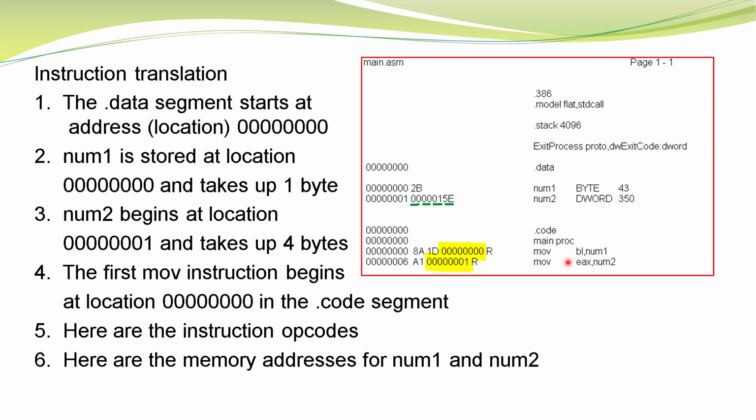And then we look at the memory addresses that are coded into the instruction itself. Notice this is the location of num1 and this is the location of num2. Now you might be wondering what the R means out here. When your program loads into memory, you don't know where the operating system is going to put it. So the R stands for these addresses are relocatable. And that'll happen every time your program runs. It's going to load someplace in RAM. You just don't know where.